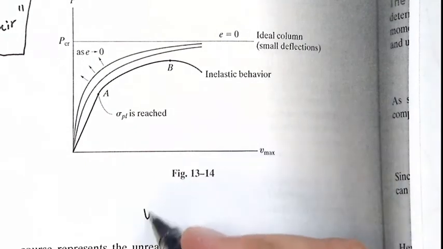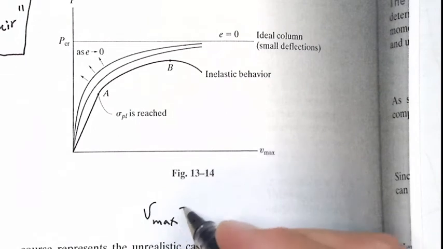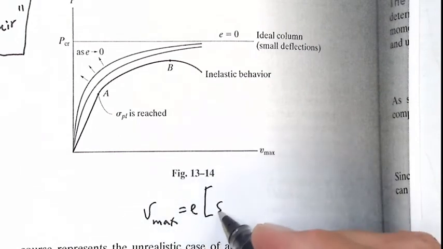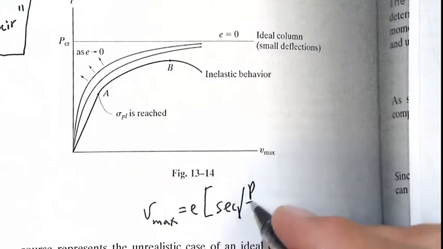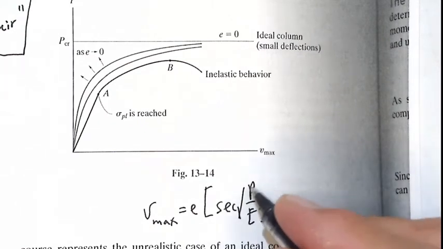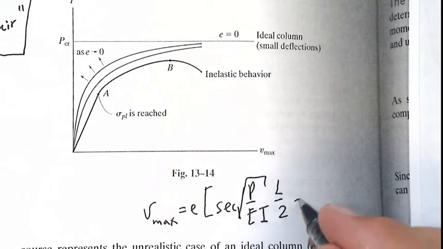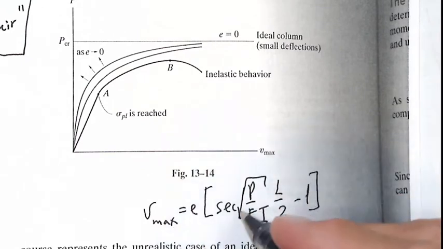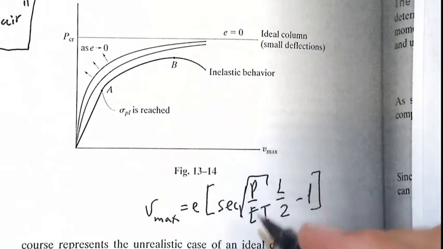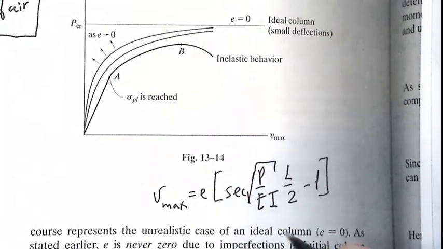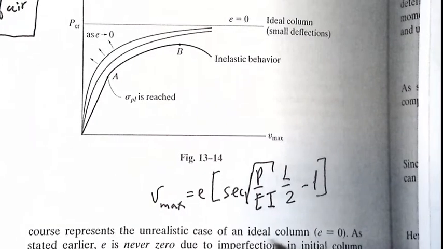We said V maximum equals E times secant of P over EI, L over 2, minus 1. So that is not a linear relationship. There is a secant, there is a square root of P over EI, so that is not a proportional relationship.